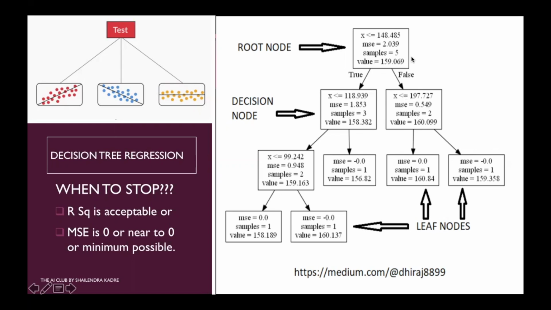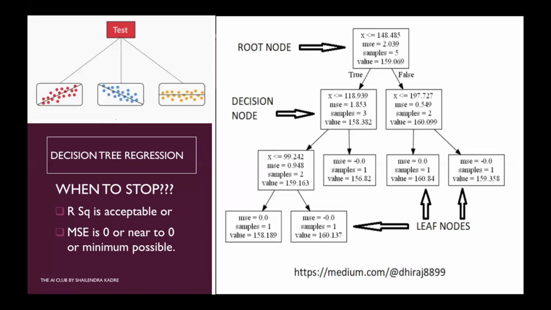Initially in the root node, we have a total of 5 samples. After splitting, the total number of samples on the left is 3, and on the right the total number of samples is 2. They have given the other values such as MSE and the values of X also.